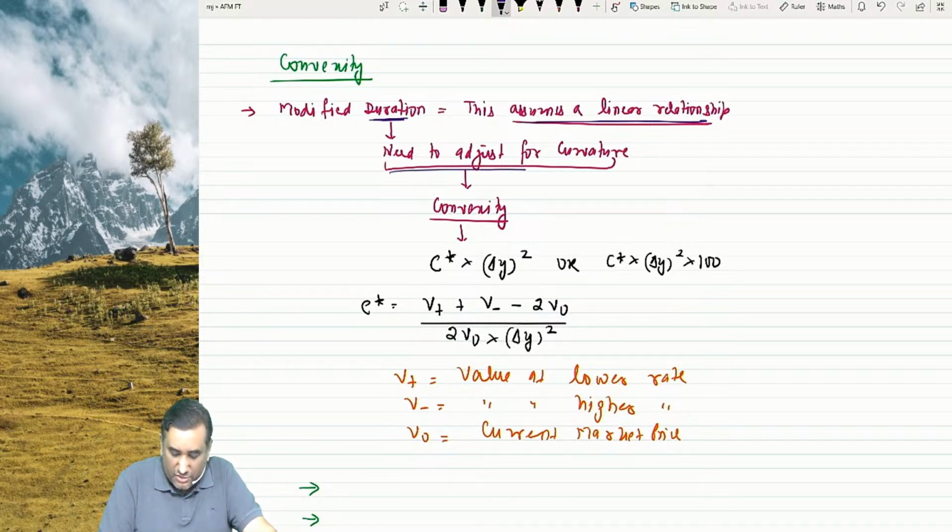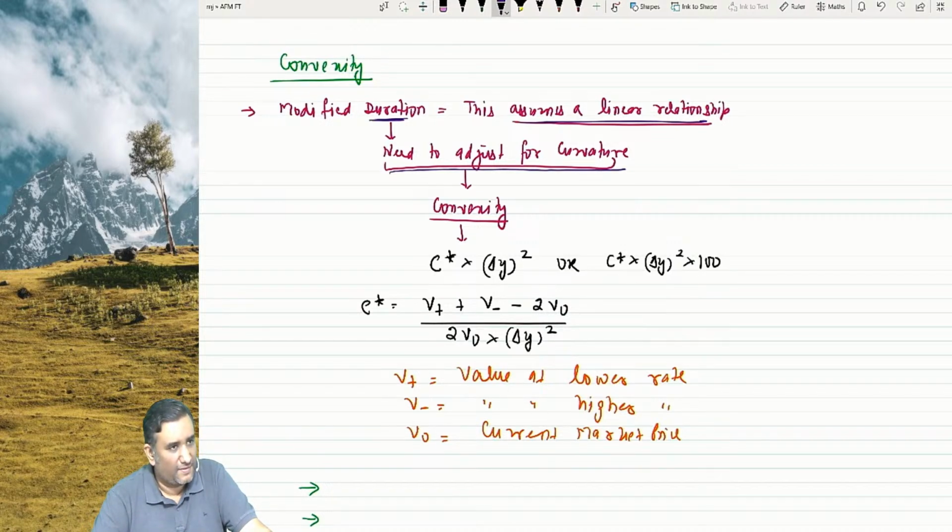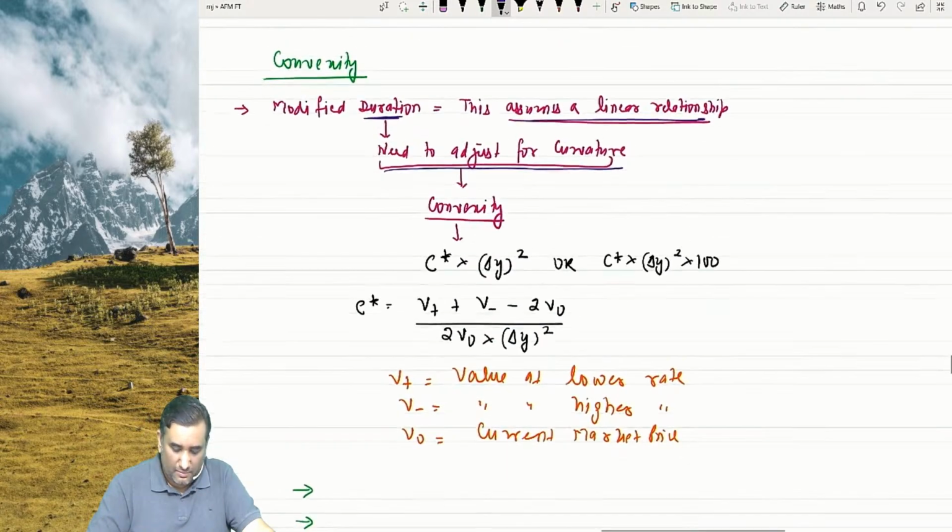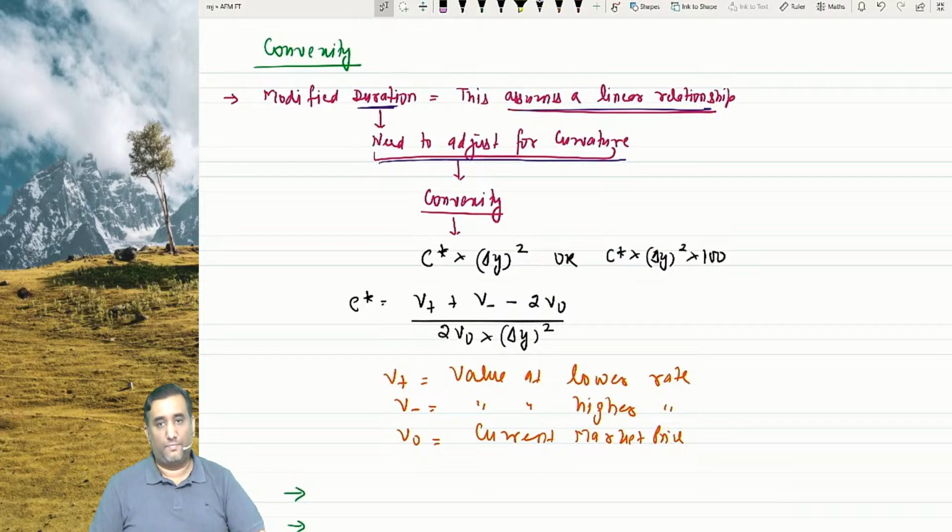We need to adjust for curvature, and that leads to convexity. Then you can multiply C star into change in y to the power 2, or into 100 you multiply.